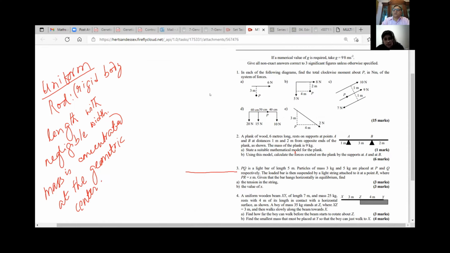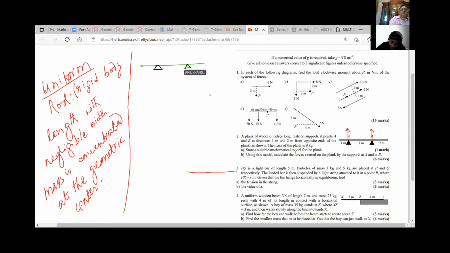Perfect. So basically what we're trying to find is the reaction at A and the reaction at B. Let me draw it here. That'll be better. So we have a rod here, which is supported at 2 points, A and B, 1 meter and 2 meter.